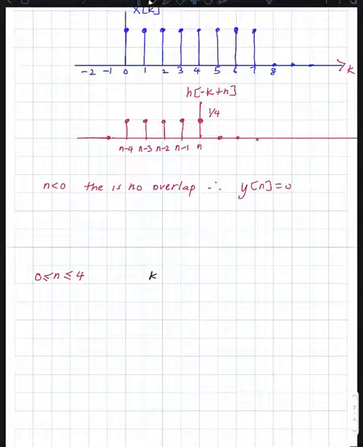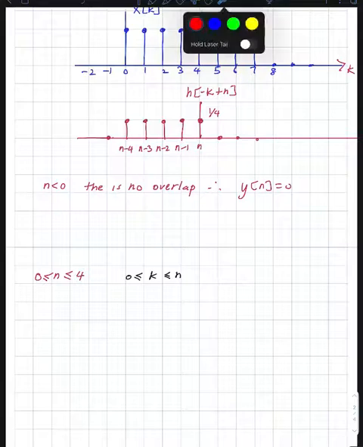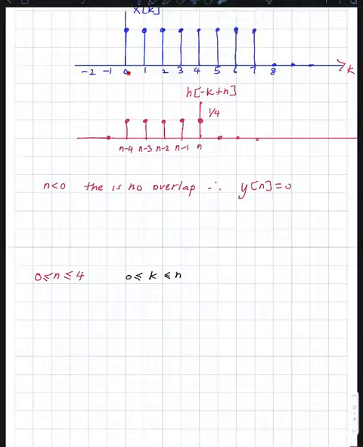The lower limit for k is 0. The upper limit of k is controlled by n. The lower limit is 0, and the upper limit is controlled by the value of n.